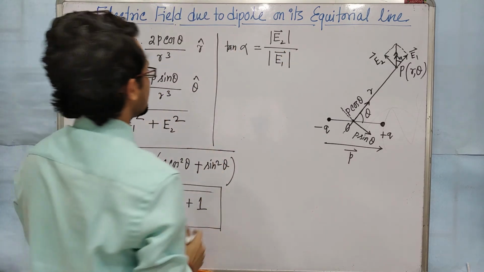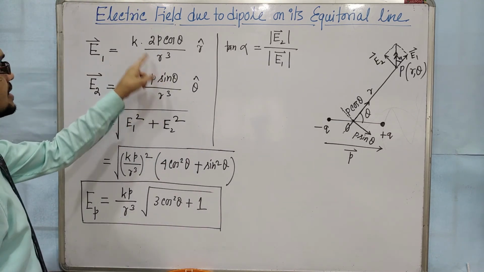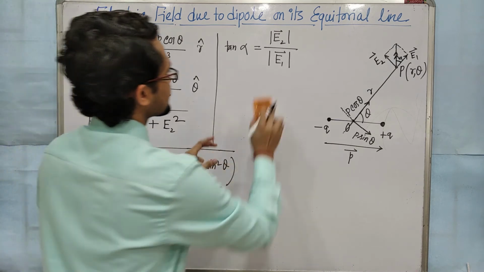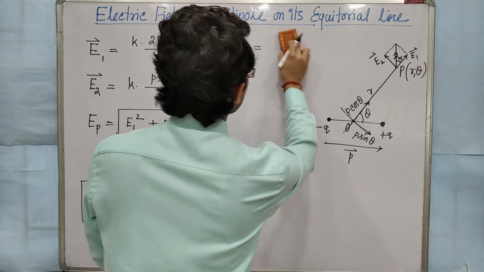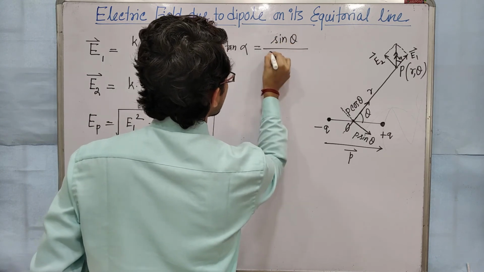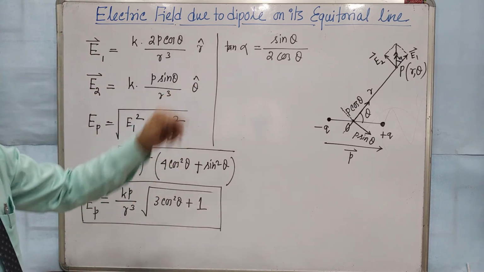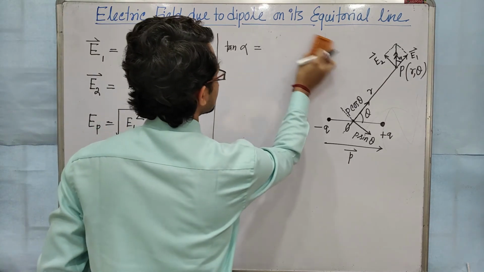Mod E2 by mod E1 gives sin theta by 2 cos theta, so basically you will get half tan theta.